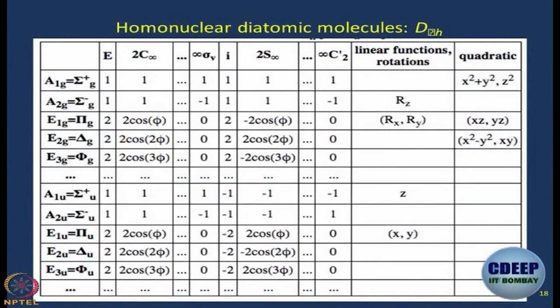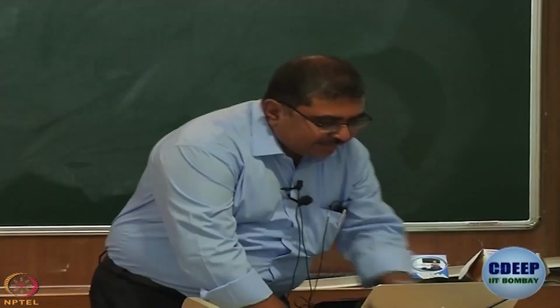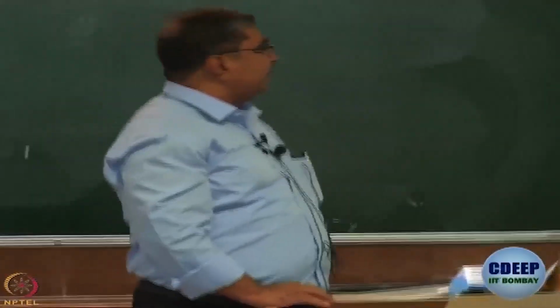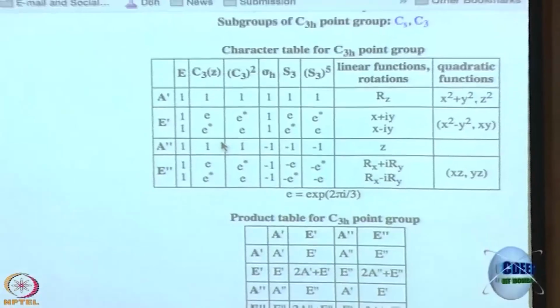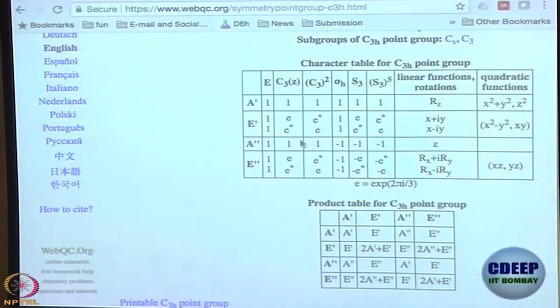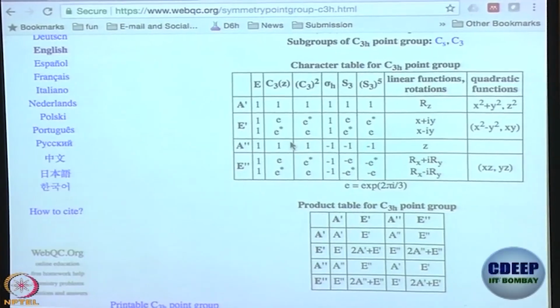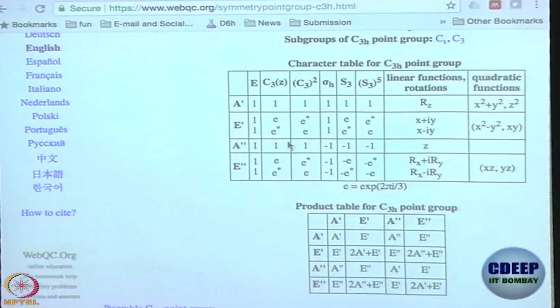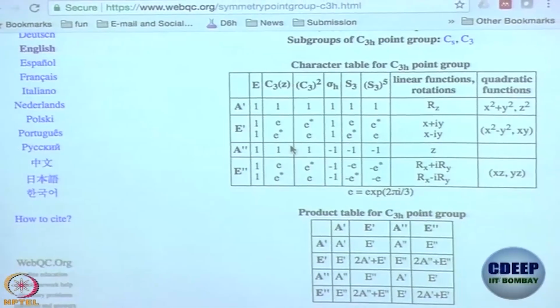So, what I request is please have a look at D6H for example. D6H is the symmetry point group of which one? Benzene, right. See, this here is the character table for C3H. First thing to note is you have A dash, E dash, A double dash, E double dash. What do these dash and double dash denote? Symmetric and antisymmetric with respect to the horizontal plane sigma h.